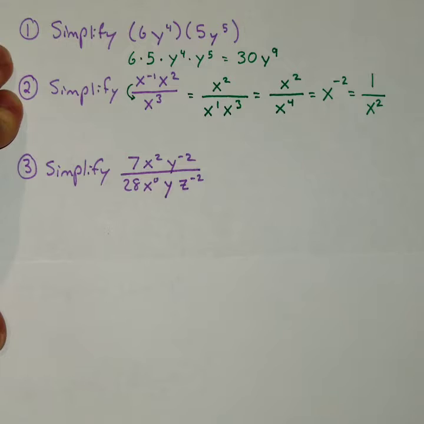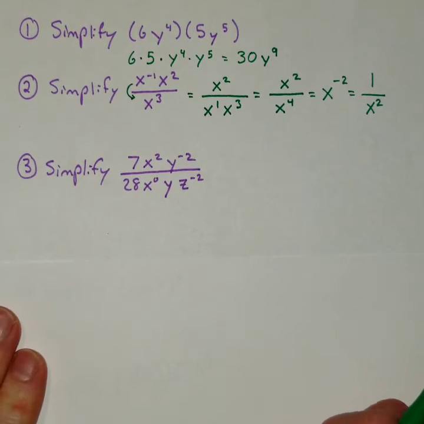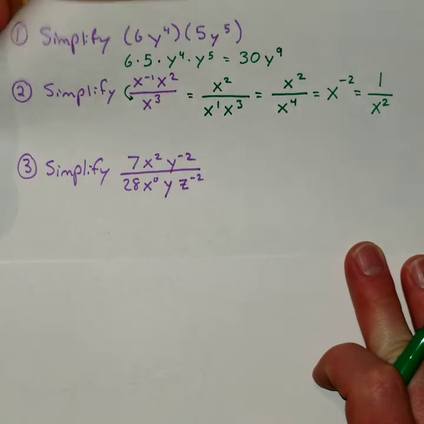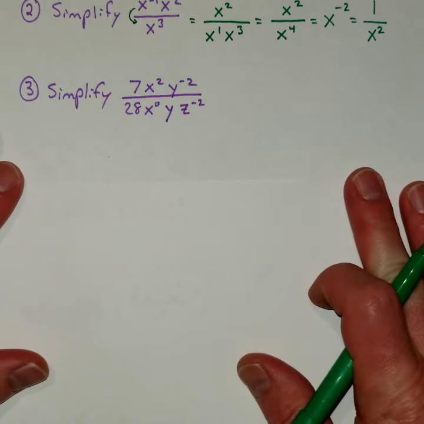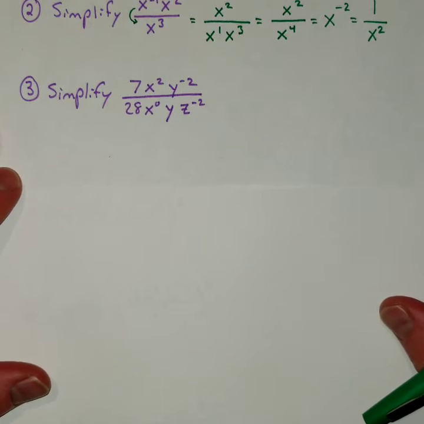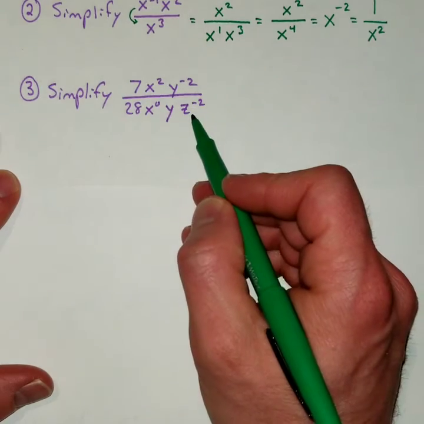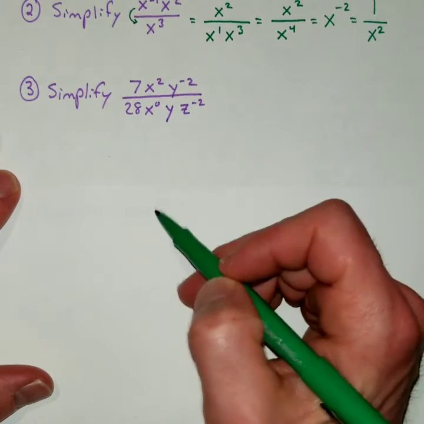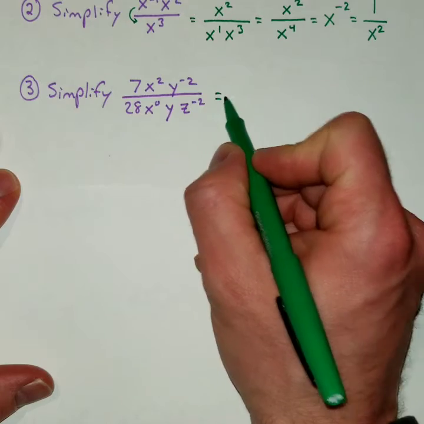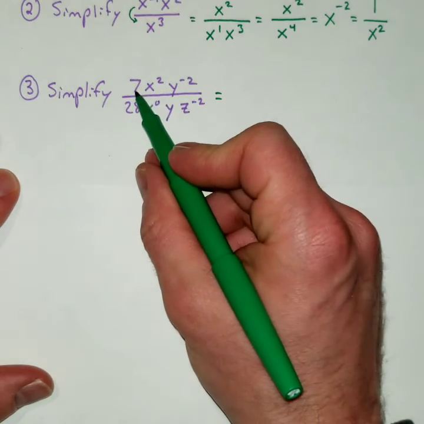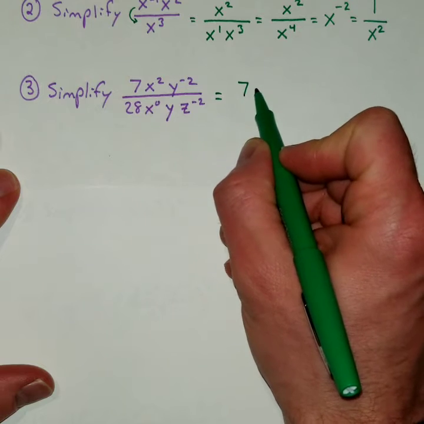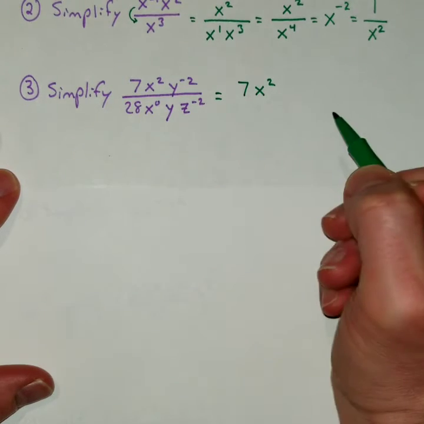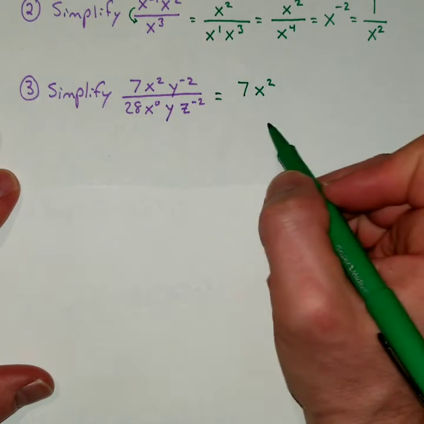Alright, next example is to simplify this fraction. It's quite a bit bigger than the last two. Again, I'm going to start by moving all my negative powers and getting rid of any zero powers. So watch as I do this. I'm going to take 7 and x squared. Those are going to stay on top because they don't have any negative powers.